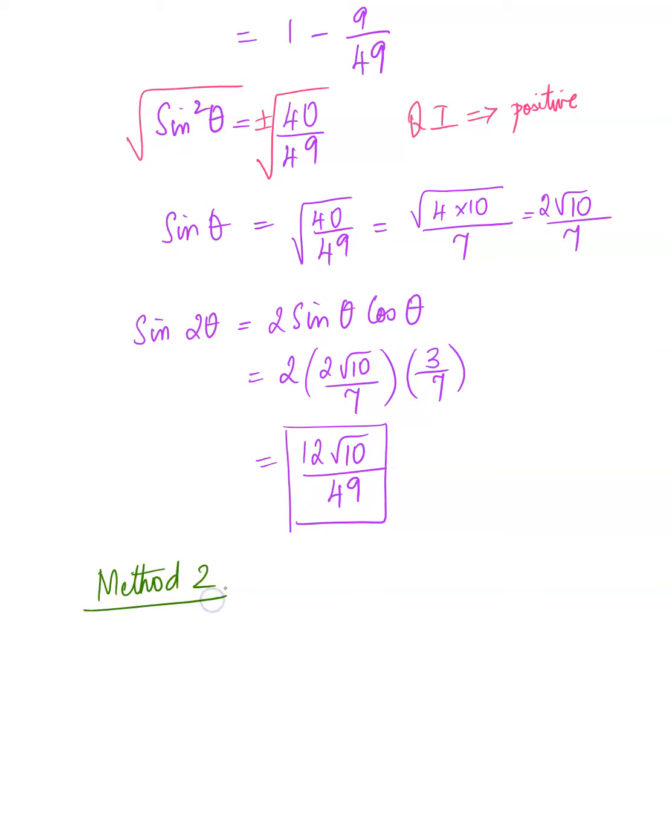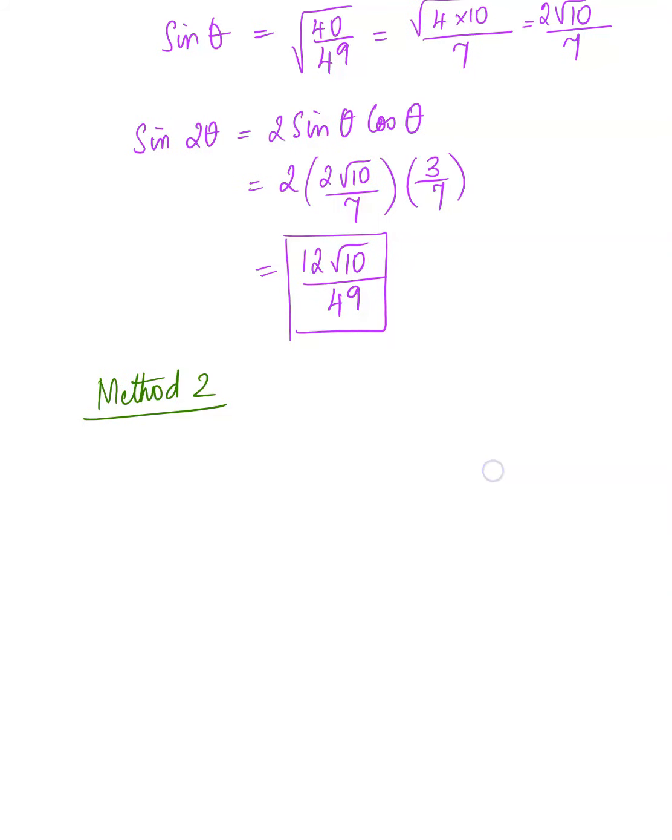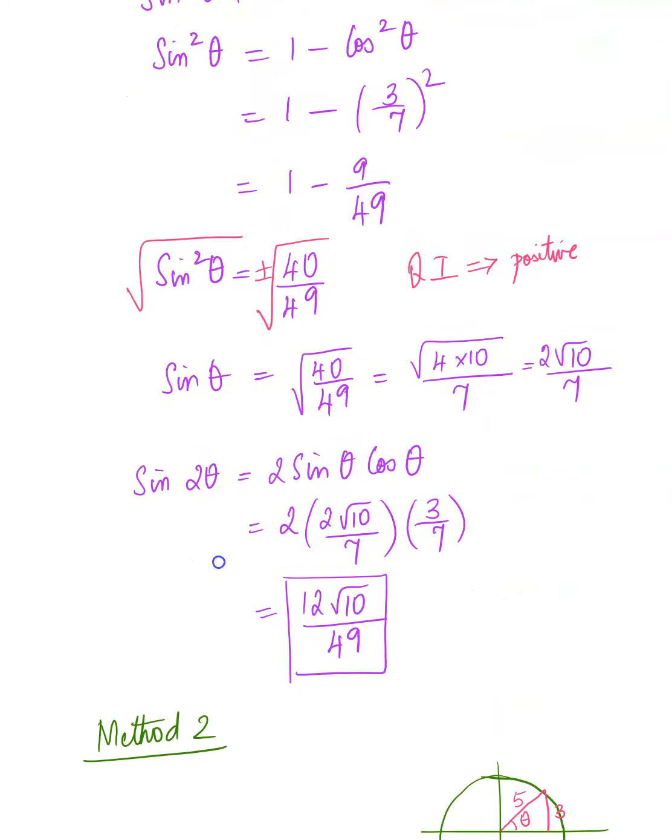Method 2 would be a more traditional way where we have to remember that this is all happening in quadrant 1, right? So you will construct your triangle in quadrant 1 with that angle theta, and a 3 and a 5 there, because, no, what was it? Not sine, cosine.